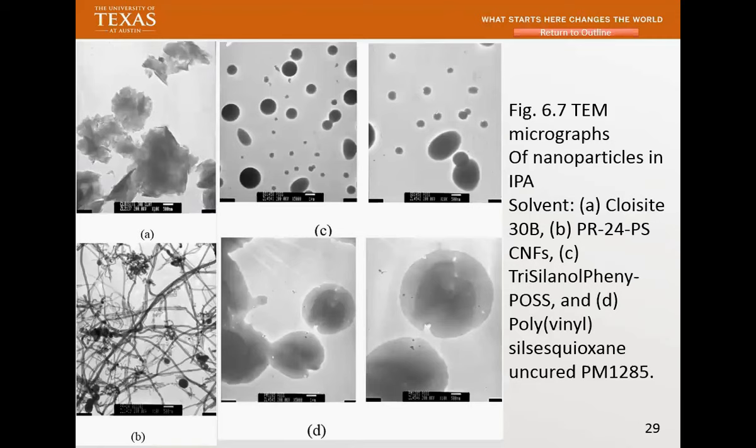So you need to see how well you can disperse them. If you have this kind of tangle, you can never disperse it. You need to break it down small enough, but not make the fiber so short, because otherwise you have a smaller L over D.